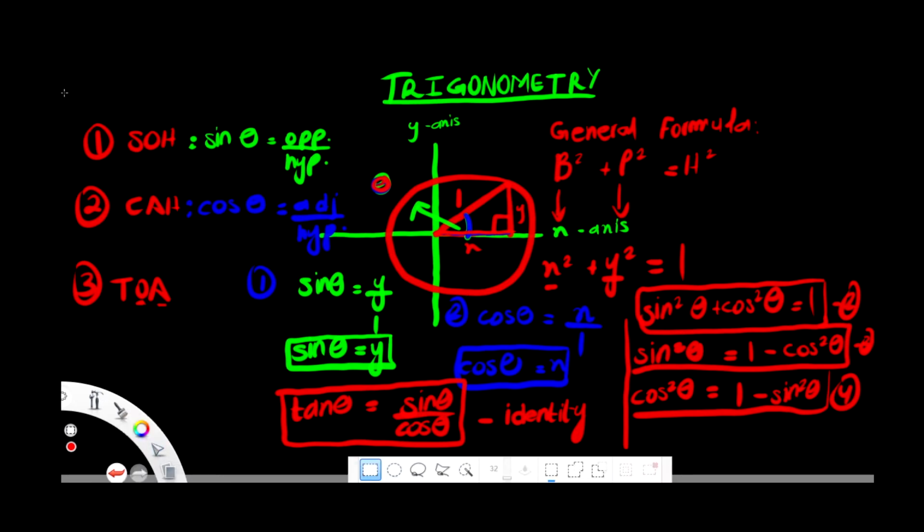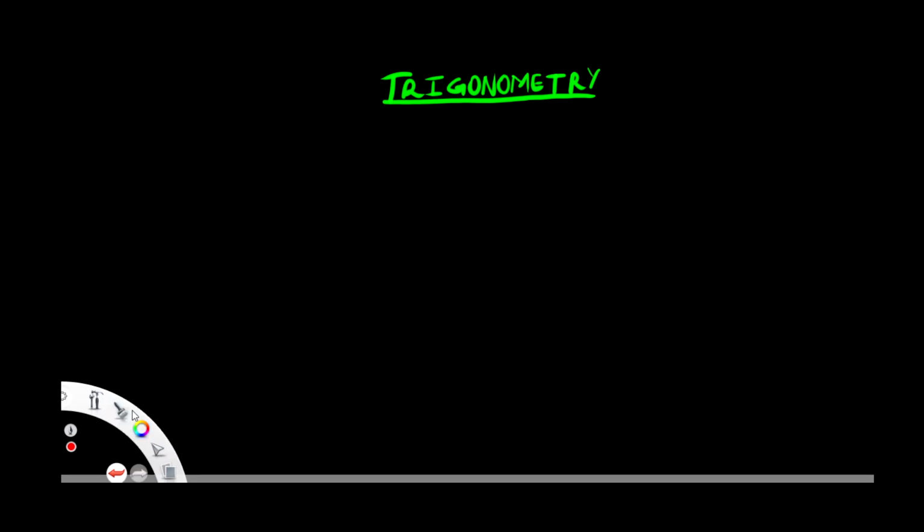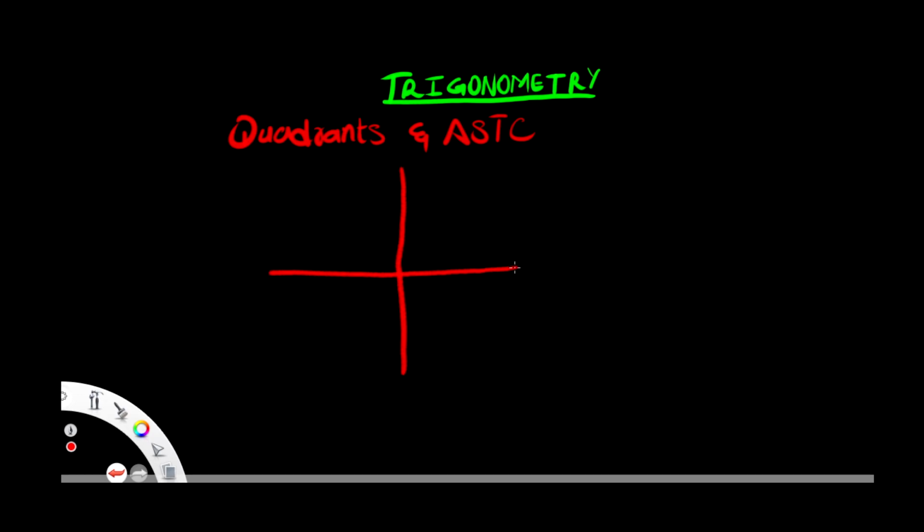Now let's move on to the concept of quadrants. So let's write a new heading: quadrants and ASTC. Let's make a grid and label this as ASTC.